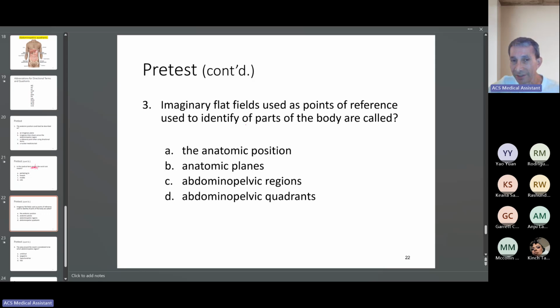Remember, regions. And it's not the anatomical position because that's not what they're asking us. The abdominopelvic regions will tell you which region, which quadrant. The other option says anatomical planes, and the planes are the only ones with imaginary lines. Is that understood? Pay attention to that because that is how we identify the right answer. So the correct answer was B.